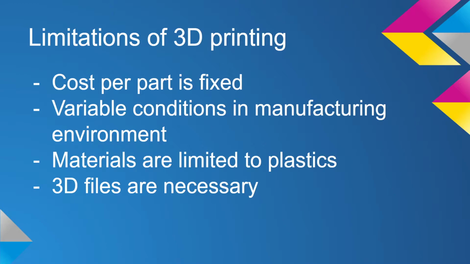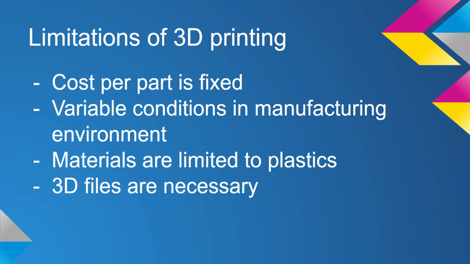Still takes the same amount of time. With injection molding and other production processes, your cost for that first part might be $20,000, but by the time you get up to, let's say, 10,000 parts, your price per unit may have dropped down to 1 or 2 pennies. So it can vary wildly, where with 3D printing you are stuck with it always taking the same amount of time, costing the same amount.